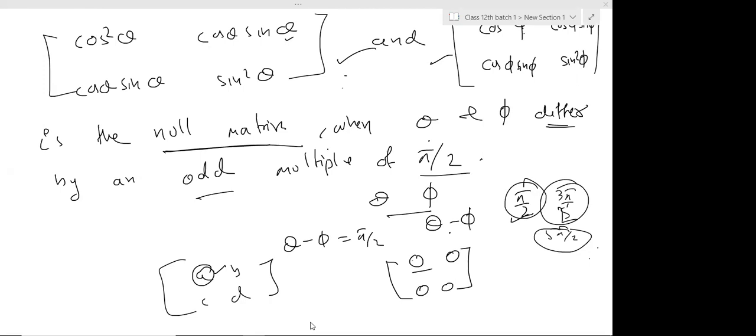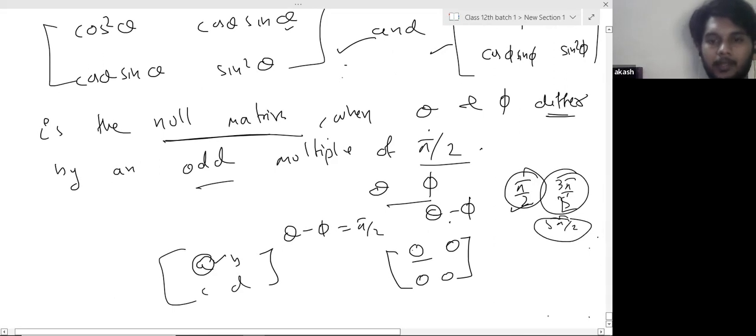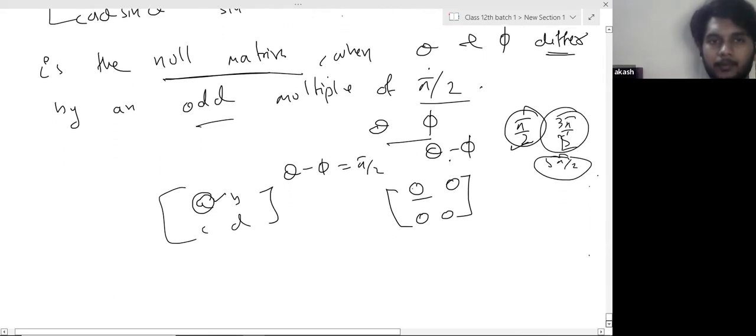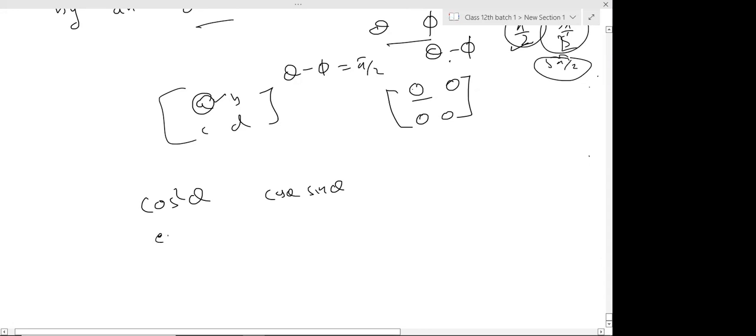So can you solve this question? Let's see. We have cos square theta, here cos theta sin theta, and the next one cos theta sin theta, and sin square theta.